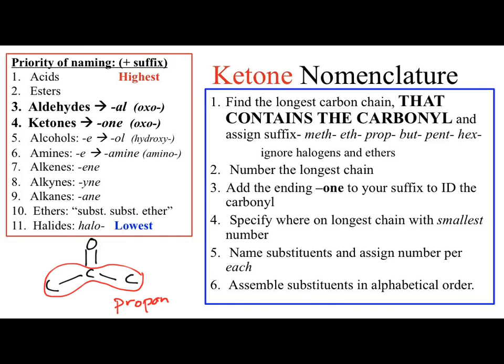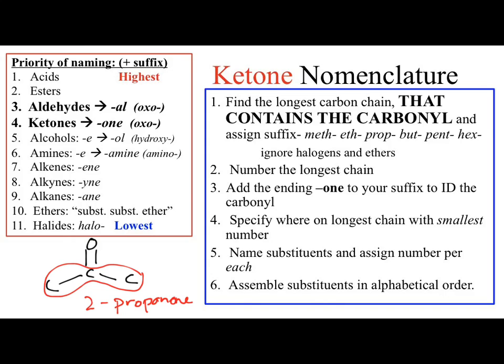We'll change the E ending in our propane to account for the ketone functional group, and we get propanone. We should specify with the smallest number possible where that carbonyl is located. In this case, it would be located at position 2, so we could call it 2-propanone.